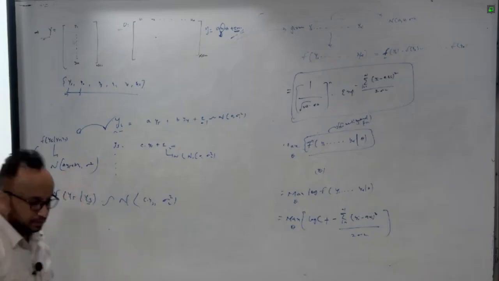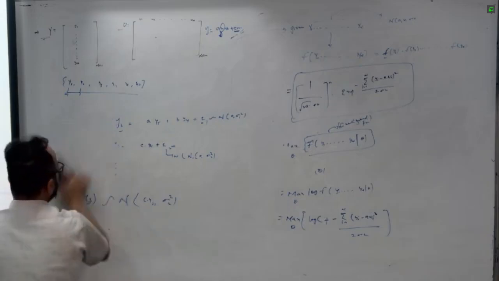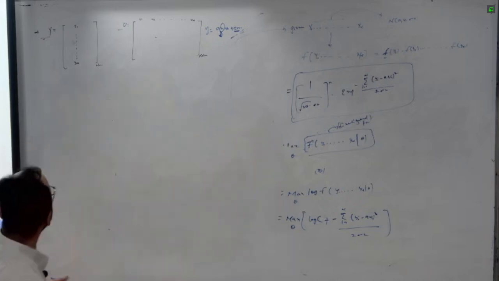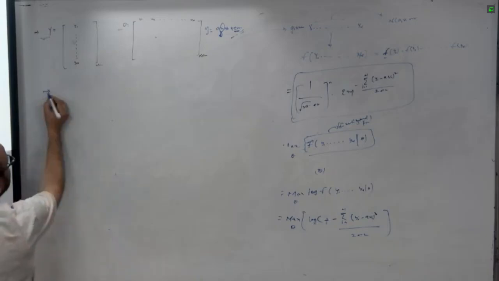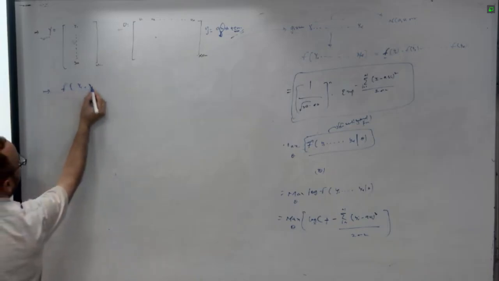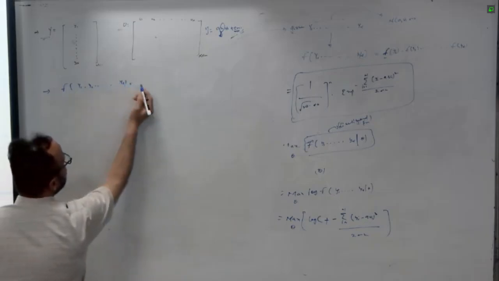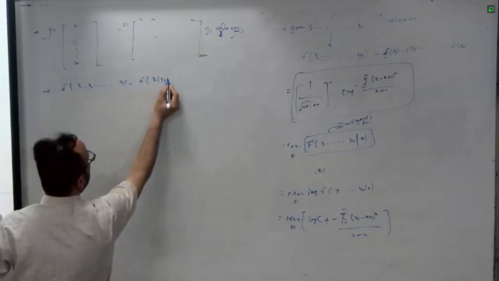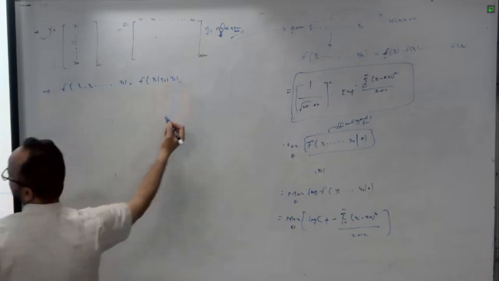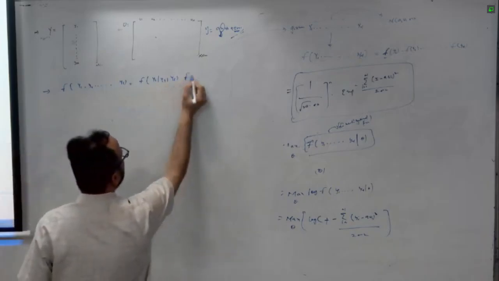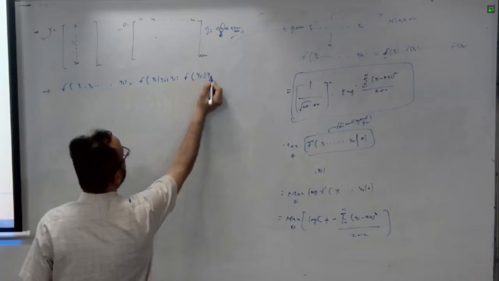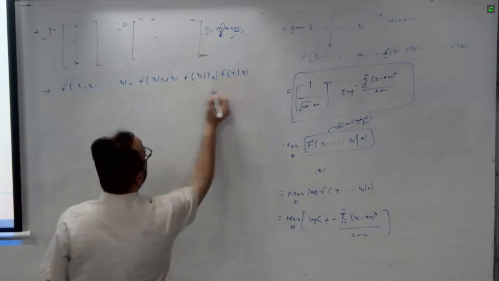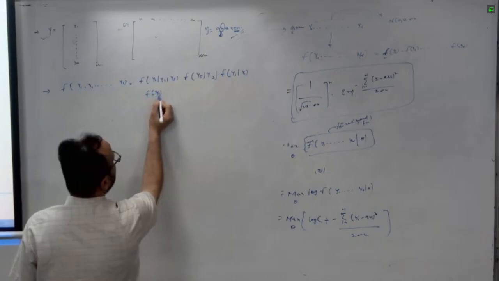Next, I'll give a step-by-step process. Given 6 variables, y1, y2 to y6, first I write a joint density function. It is f of y6 given y4, y5, times f of y5 given y3, and y3 is a function of y1, and y1 is independent because it depends only on its past value.